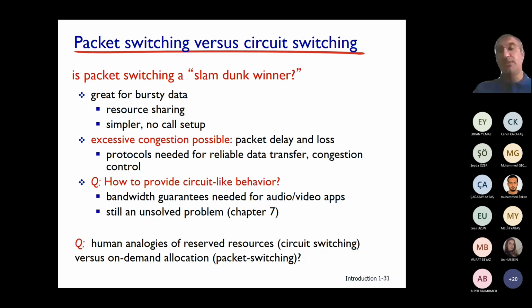It is still an ongoing problem. People are still doing research to answer this question. We are going to cover this question in detail in chapter 7. So you can think of circuit switching as reserved resources compared to the on-demand allocation in packet switching.